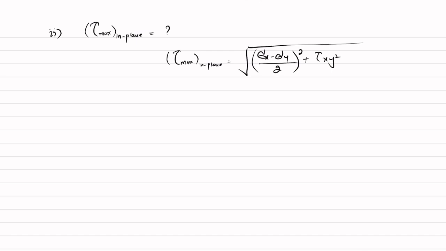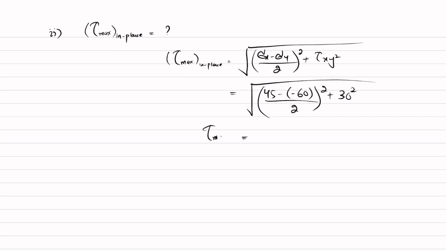So put the value: sigma x was 45 minus sigma y is minus 60 divided by 2 whole square, and tau of xy was 30, so 30 square. And when you calculate it, you will get the maximum in plane shear stress. You have to memorize this formula. So that will be equal to 60.5 megapascal.